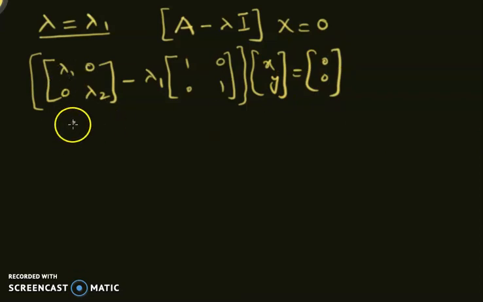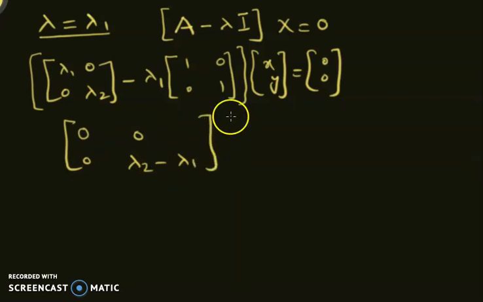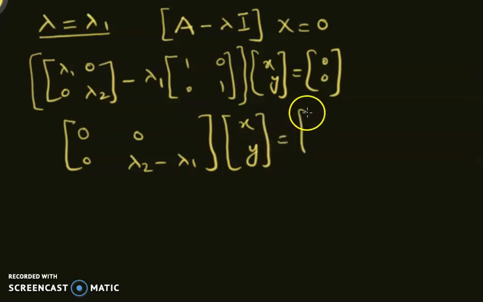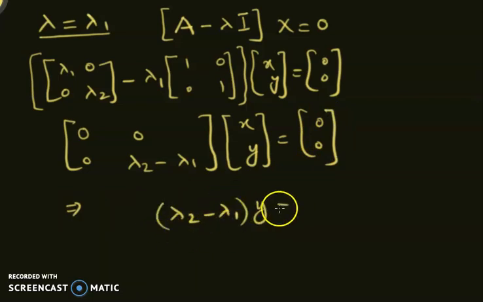Then you can see that this is 0, 0, 0, lambda 2 minus lambda 1, times x, y equal to 0, 0, and this implies that lambda 2 minus lambda 1 times y is 0.